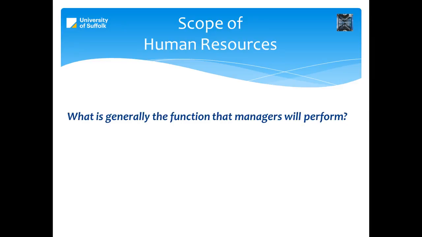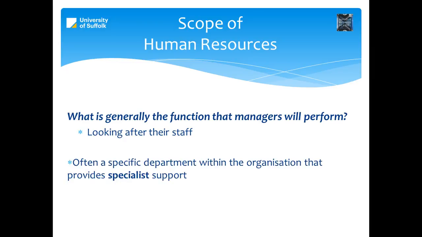Generally, when you think about the function that managers perform, it could be argued that it would be looking after their staff, and often it's a specialist department within the organisation which can provide that specialist support.